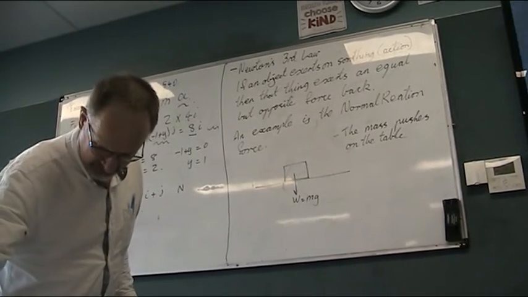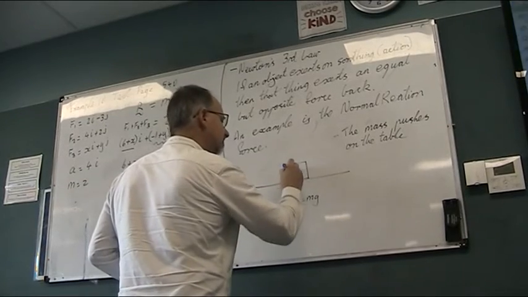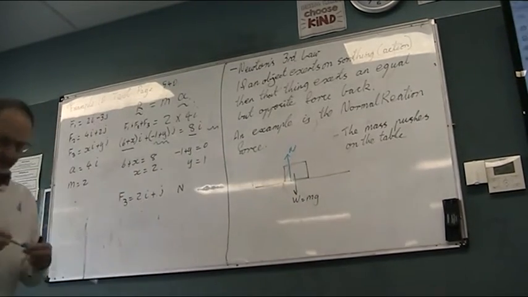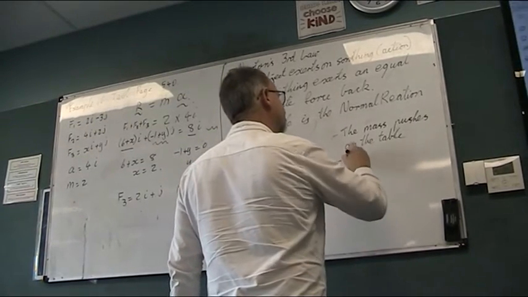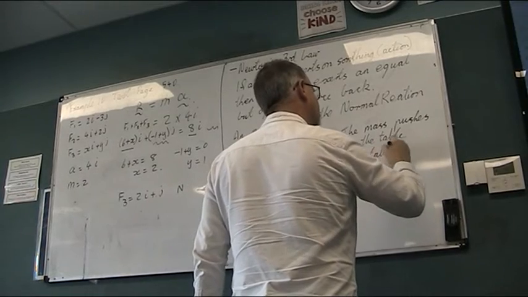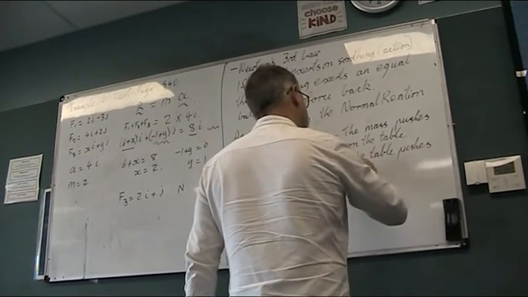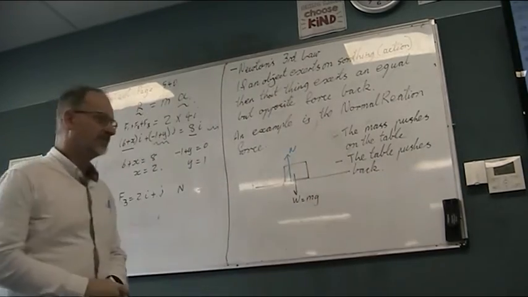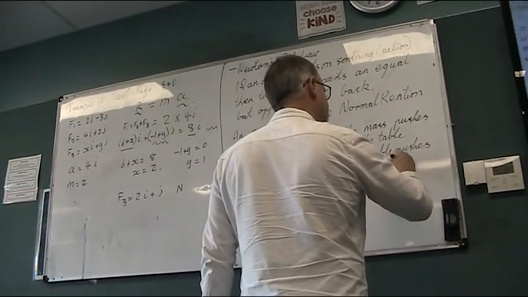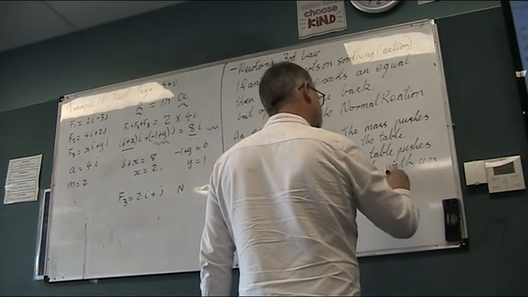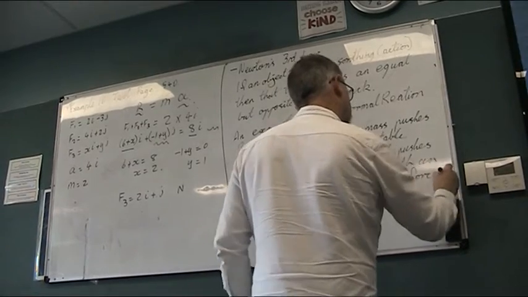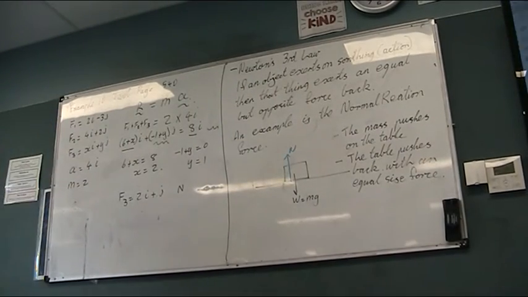So the table must push back with an equal size force, and that equal size force is what we call a normal reaction force.